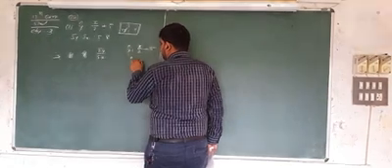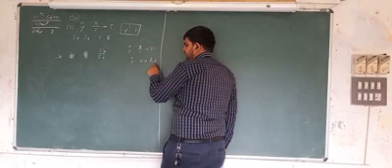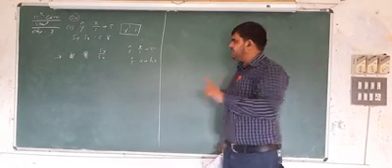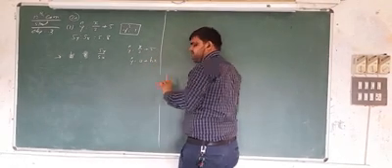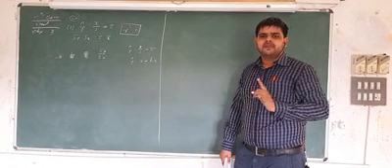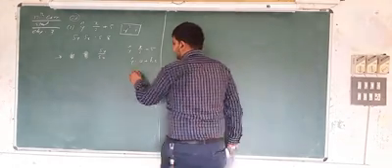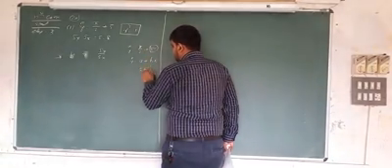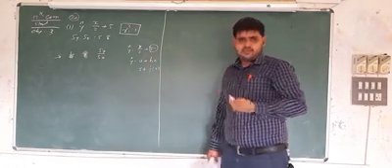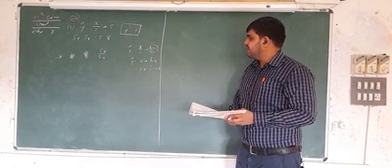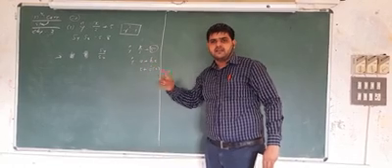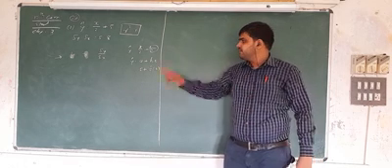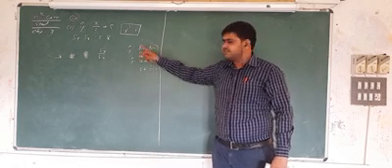Here originally y cap is equal to a plus bx. Whatever single digit is there, we call it a, and whatever is with x, we call it b. So a is equal to 5 and b is equal to 1 by 2, with x. Let's understand again: a plus bx. The single digit is a, and x by 2, that is with x, is bx.